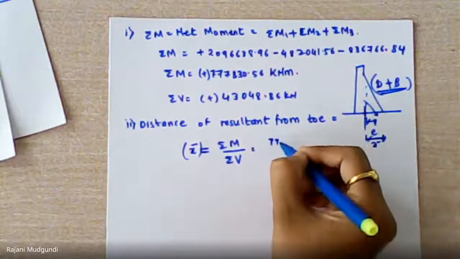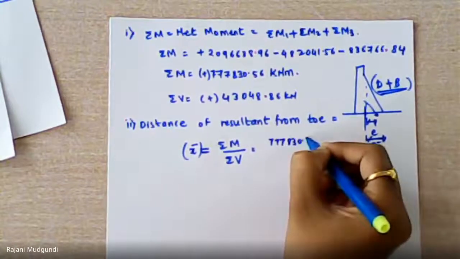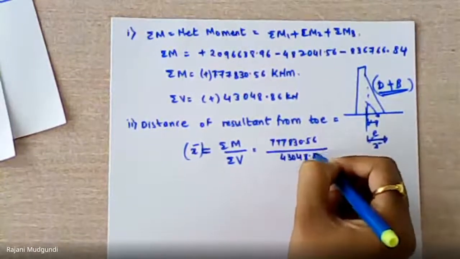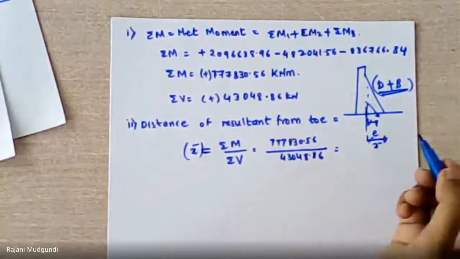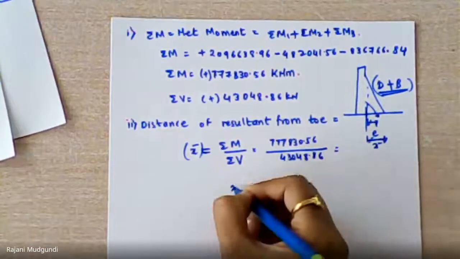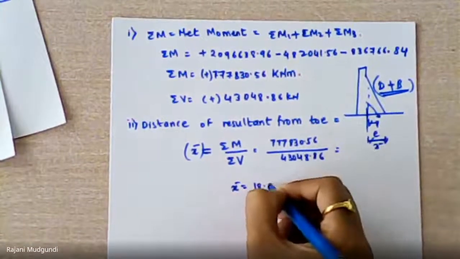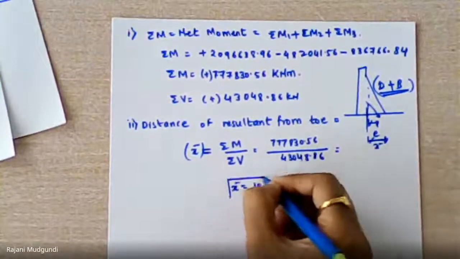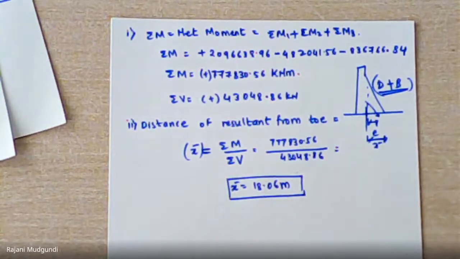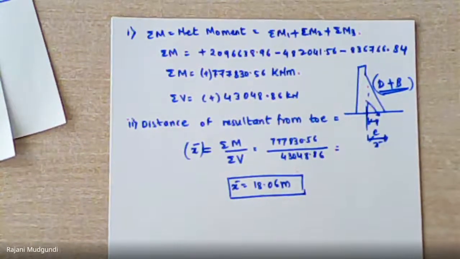So put these values: 77830.56 divided by 43048.86. Yes, 18.06 meter. Faizan, correct. Romana, all of you are okay. Lakshmi, Shweta, you are correct. Now, next step.